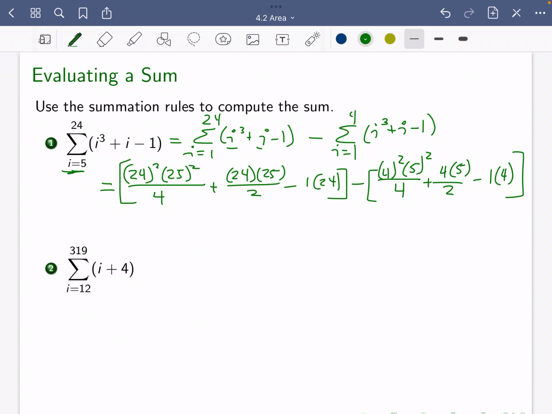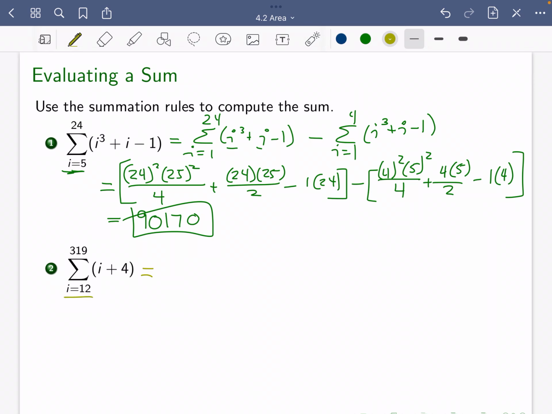And we can go through and evaluate each one of those pieces separately. And if we do that, we will get 90,170. Perfect. So that's what we want to do if we have a summation that starts somewhere else. At least that's one of our options.